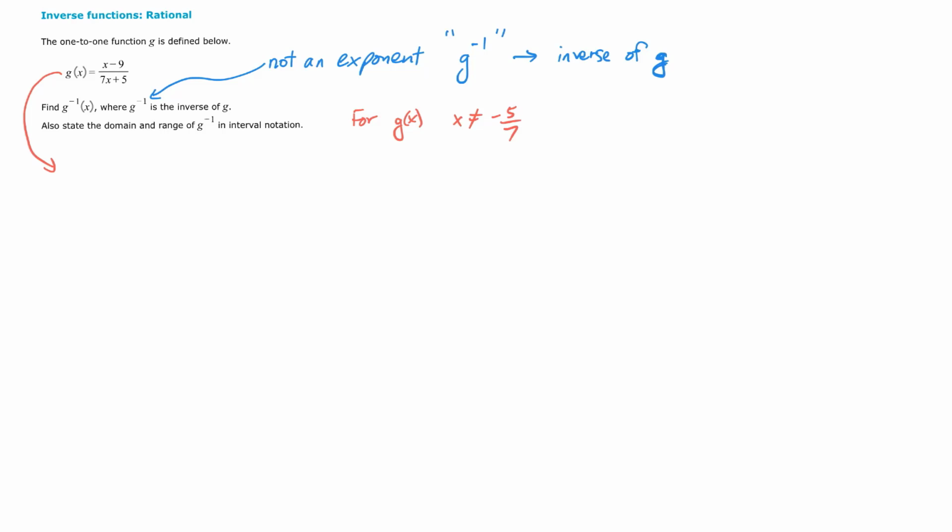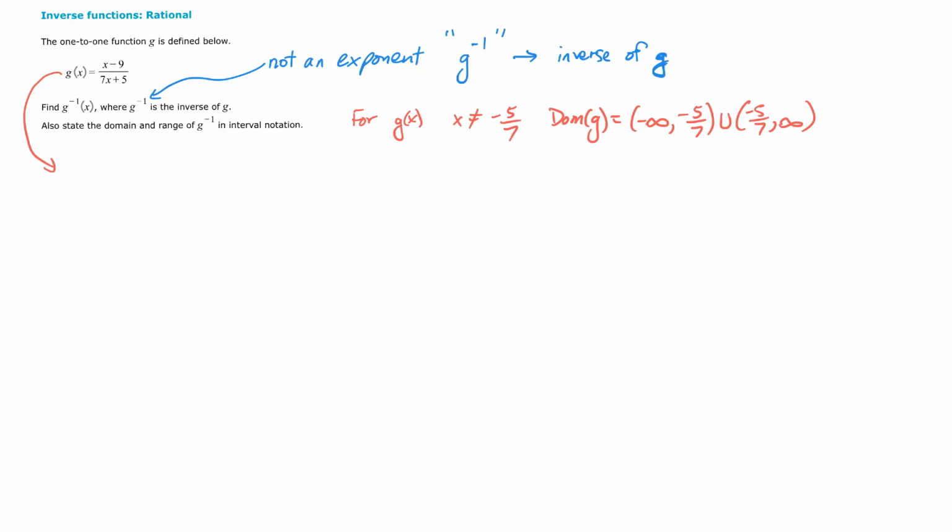Right away you realize x is not equal to negative 5/7. In fact, you know the domain of g is equal to negative infinity up to negative 5/7 union negative 5/7 up to infinity. So that is the domain of g.